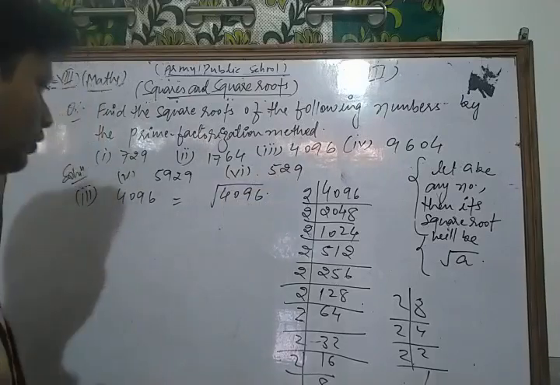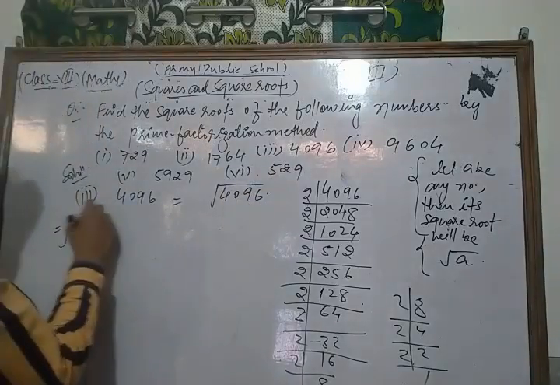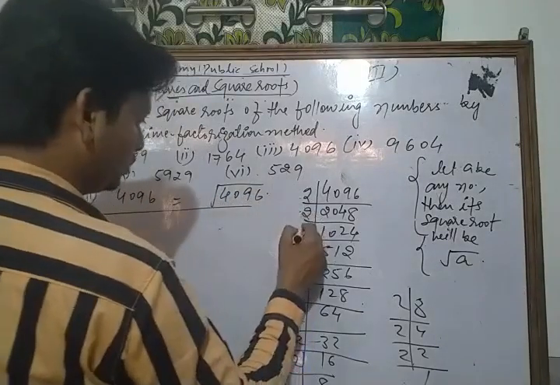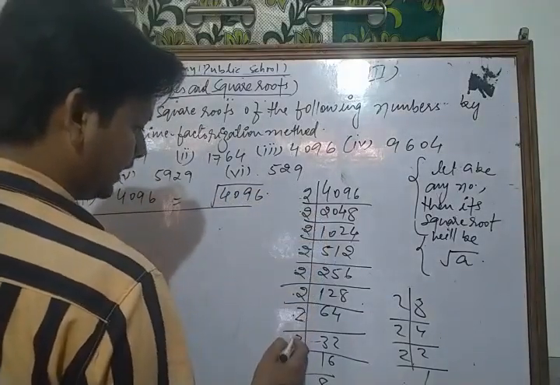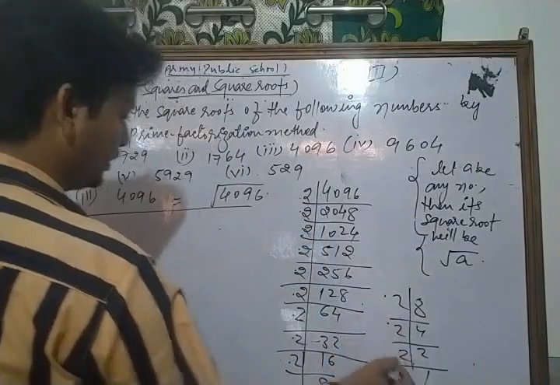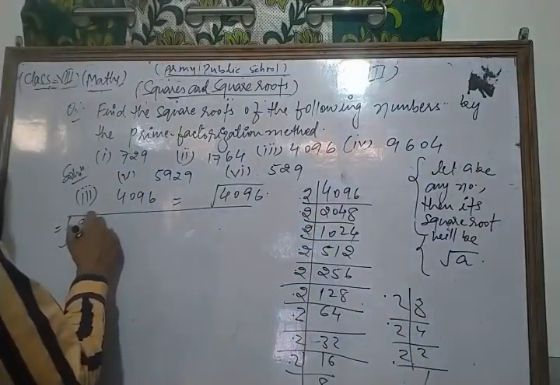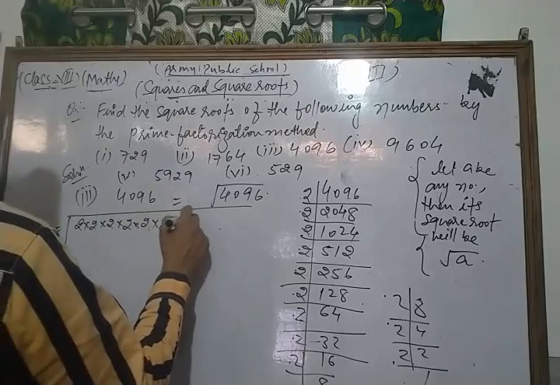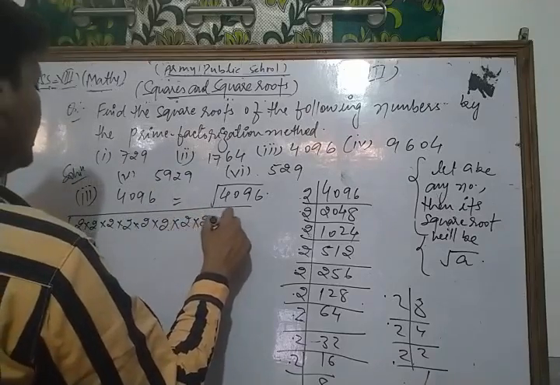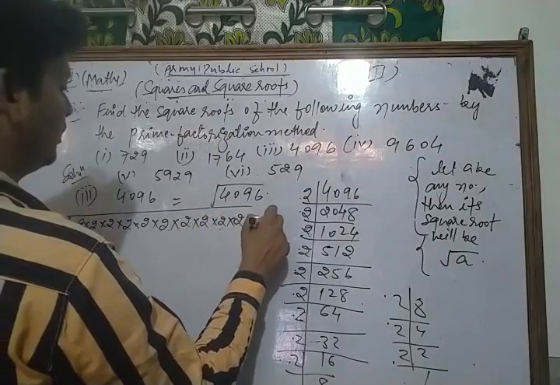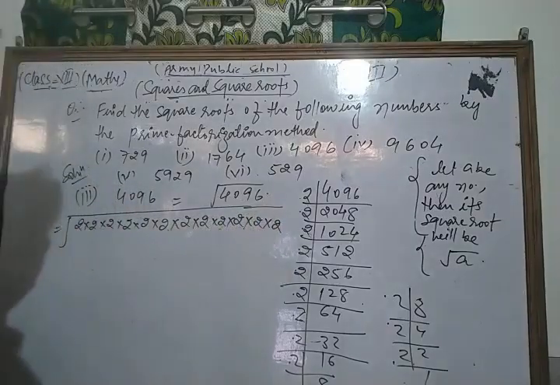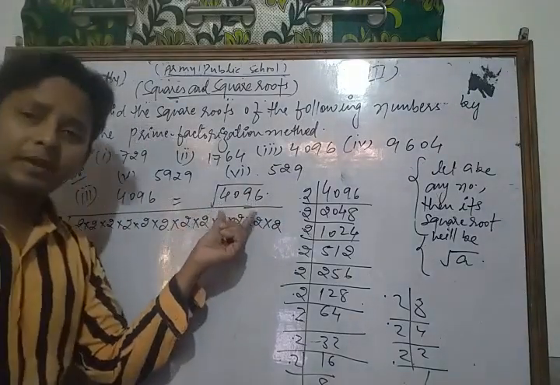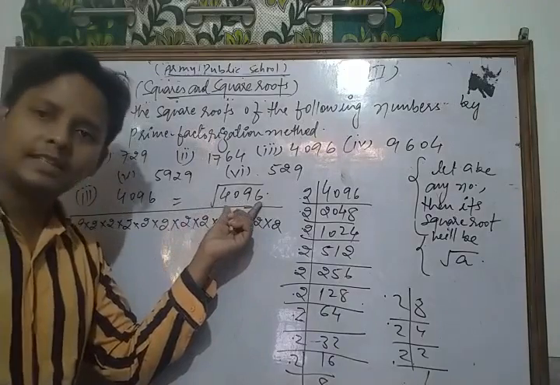Now we form the pairs. 2 how many times? 1 2 3 4 5 6 7 8 9 10 11 12. So first of all we write the prime factorization of 4096 in this way.